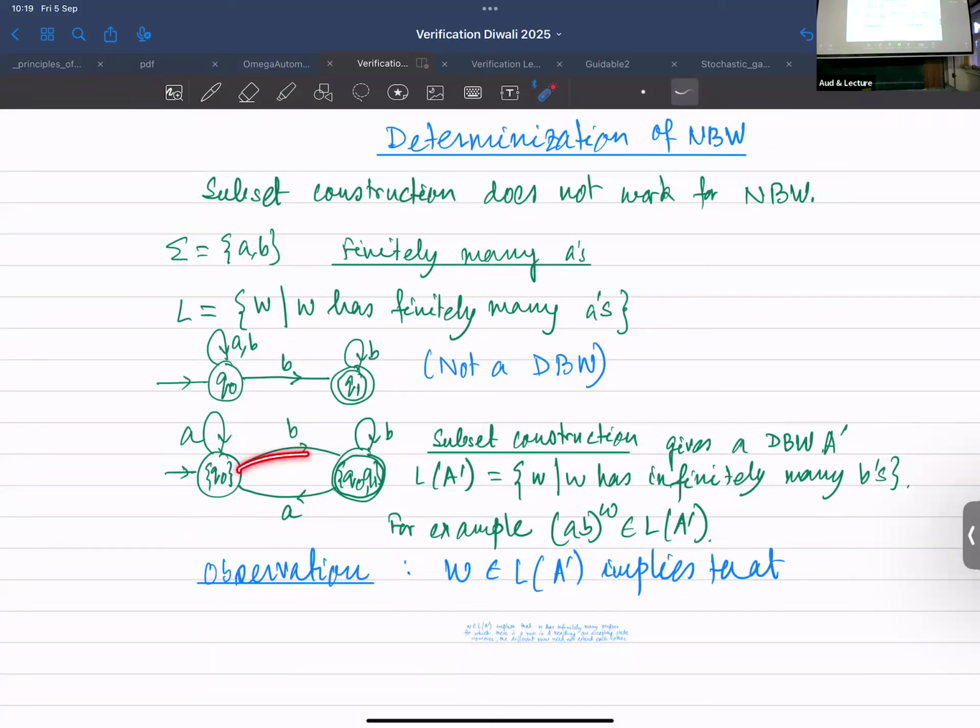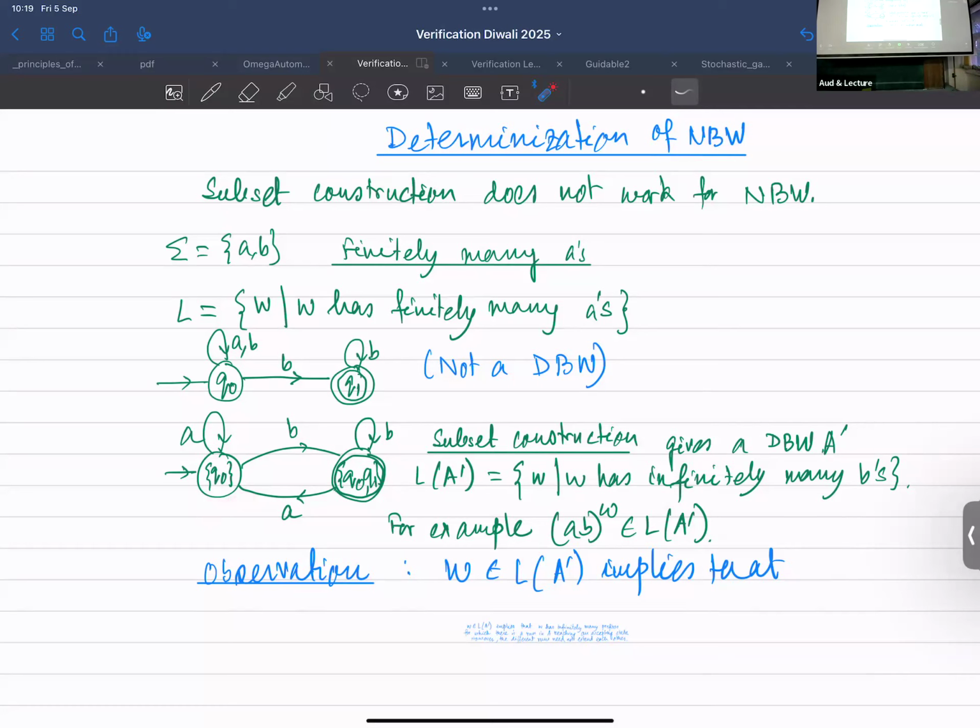What can you say about such an infinite word in terms of its finite prefixes? Is the question clear?